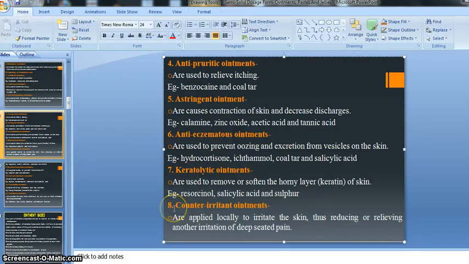Then our 8th type of ointment is the counter irritant ointment. Counter irritant ointments are applied locally to irritate the skin, thus reducing or relieving the other irritation of deep-seated pain, right. Suppose we get a pain from the internal layer of skin or internal muscles.